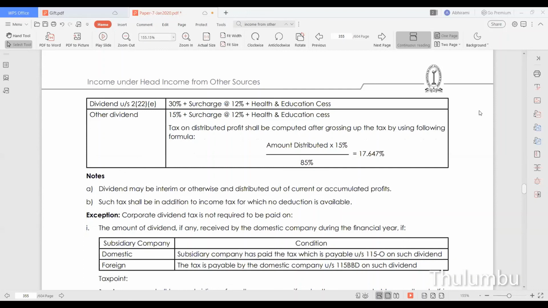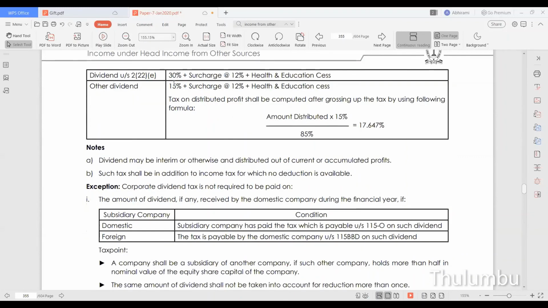So these are different dividend rates. Usually the other dividends are taxable at 15% plus surcharge plus health and education cess. To calculate, you back-work from the dividend amount: the amount you receive, divided by 85%, into 15% will give you the value.